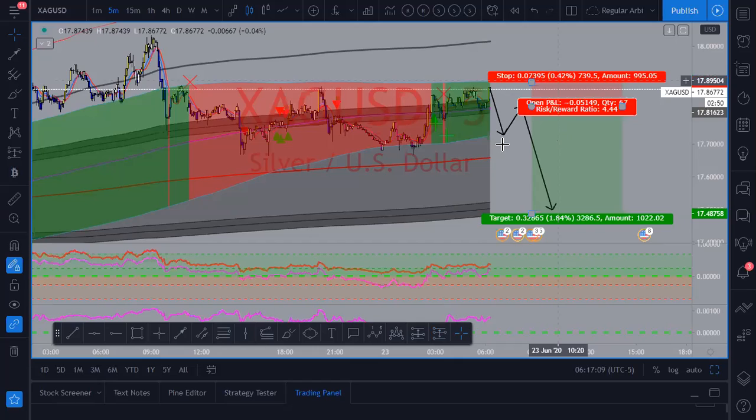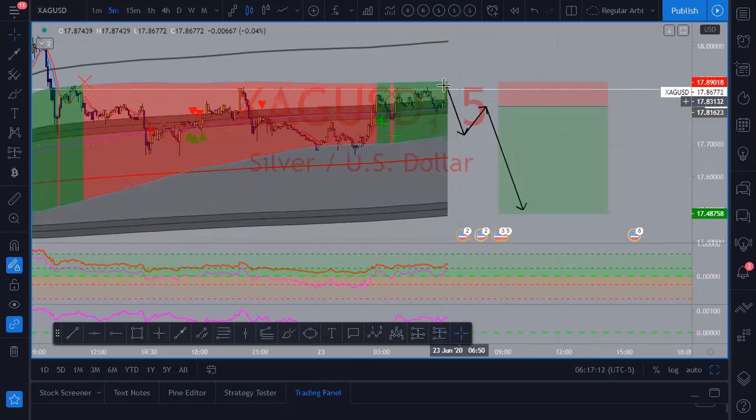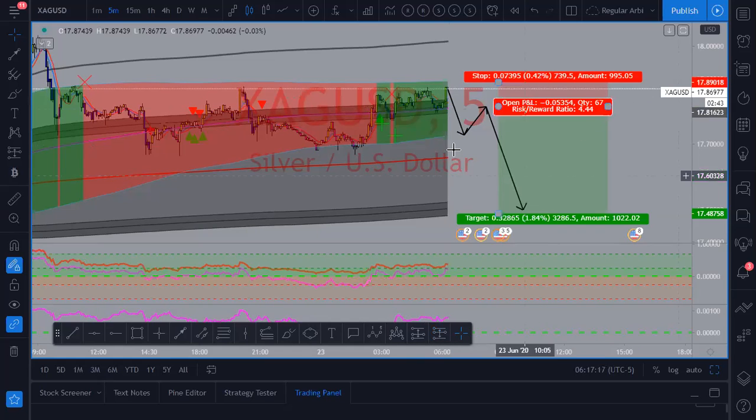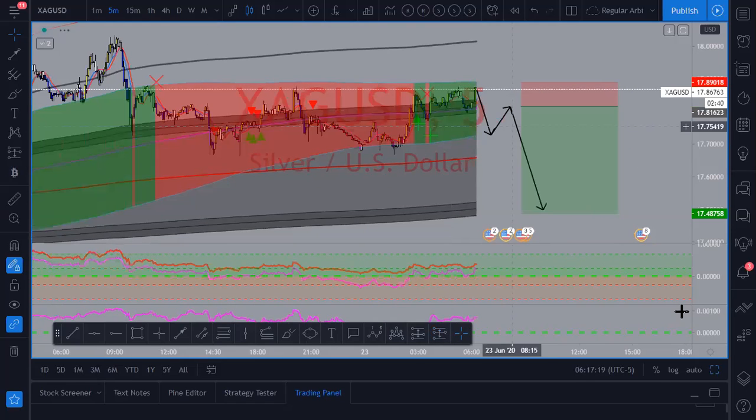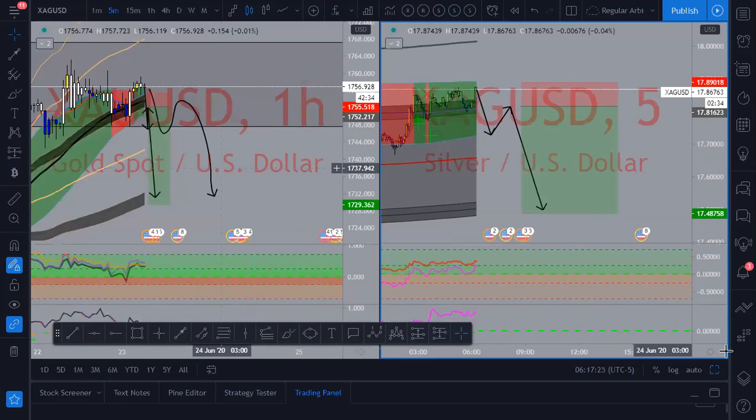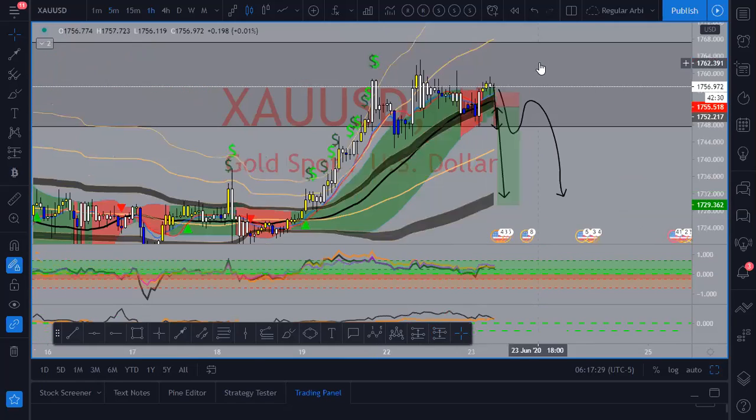All right. So yeah, like I said, I want to see price break, retest, then drop. Not really looking to get in other than that. Go ahead and take a look at this on the 1 hour. XAG USD.